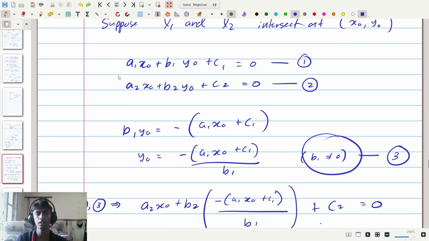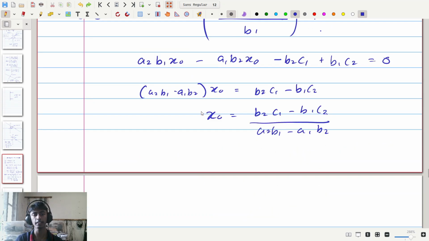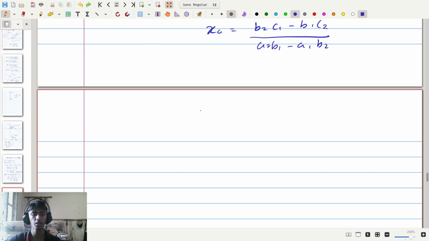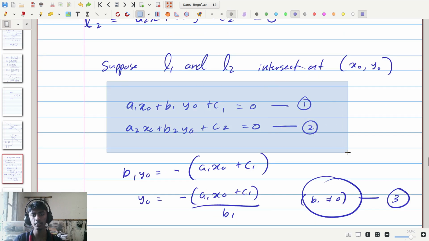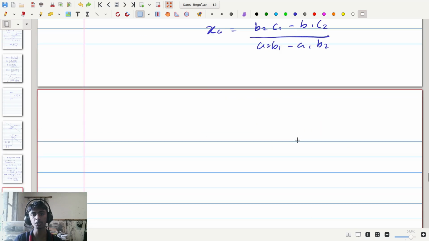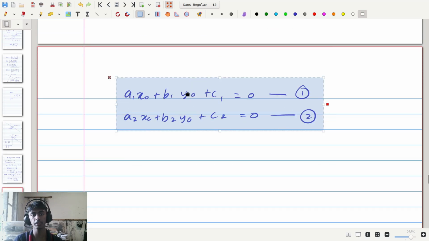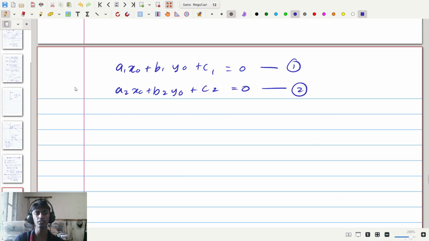So here, from this equation, we can isolate a1 x0 and we get this stuff to the right hand side. Getting that, let's go down here and do that. Actually, let's copy these two equations down and use them as reference because it's kind of difficult to use them from memory. So here we have them. Now here we can see that a1 x0 is equal to negative b1 y0 plus c1.